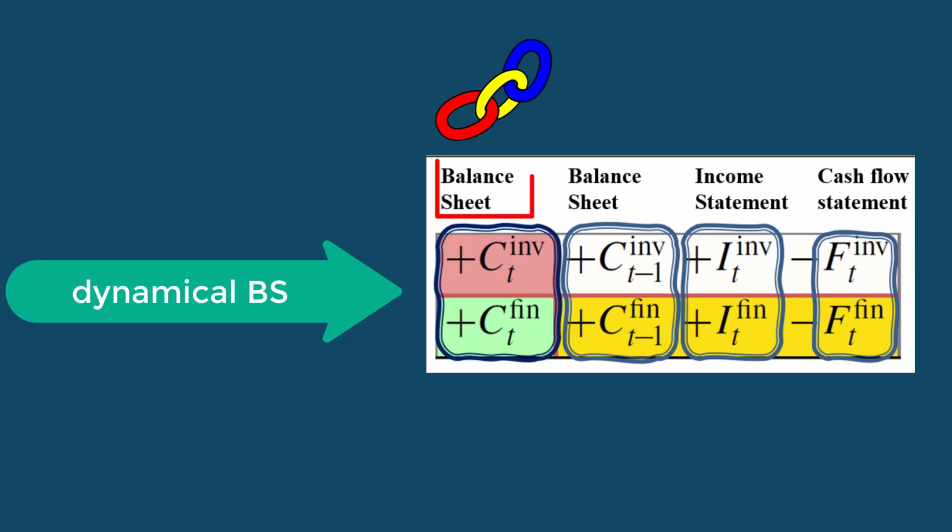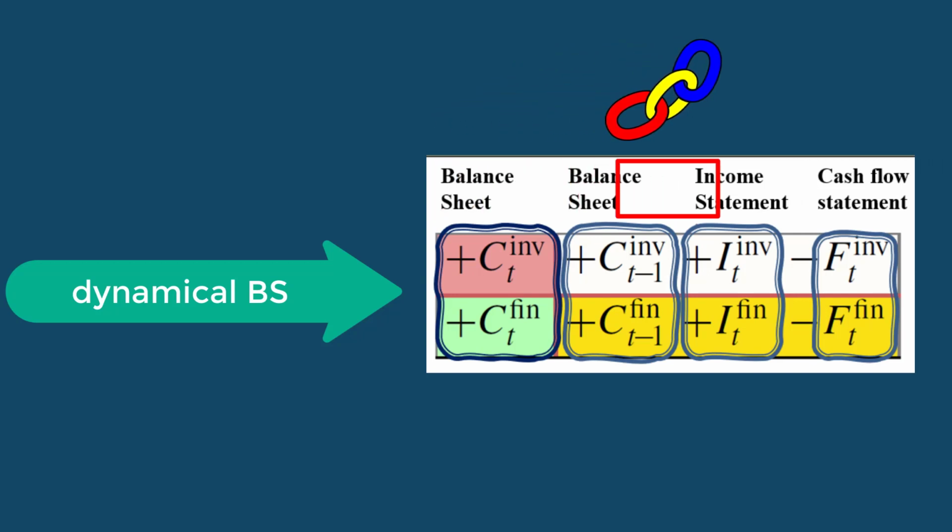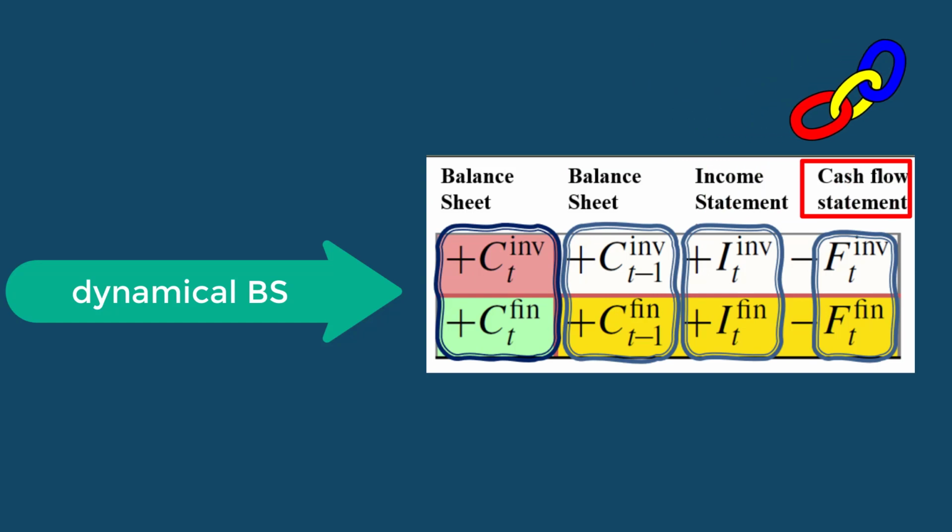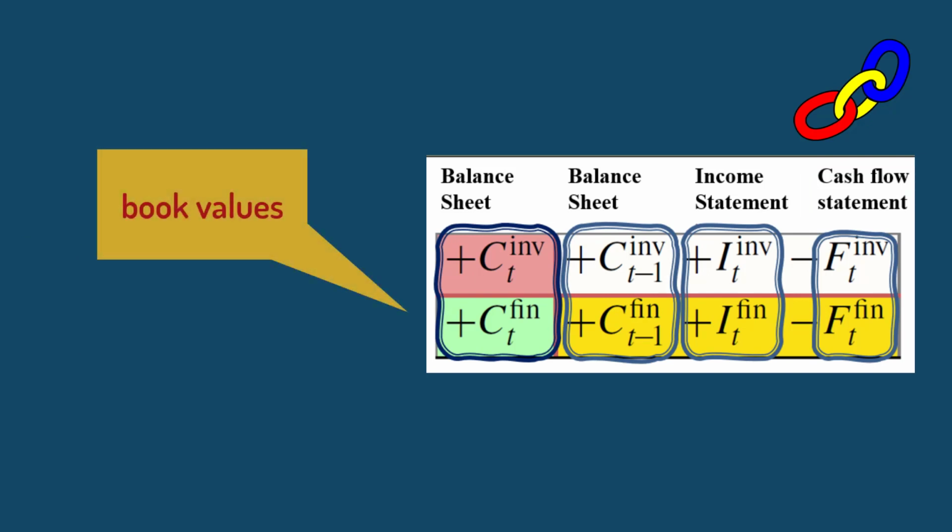Specifically, the balance sheet at a given date t is equal to the balance sheet at the previous date plus the income statement minus the cash flow statement. In the accounting terminology, the balances of those capital are called book values or accounting values.